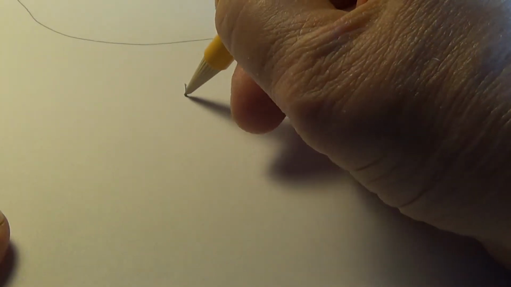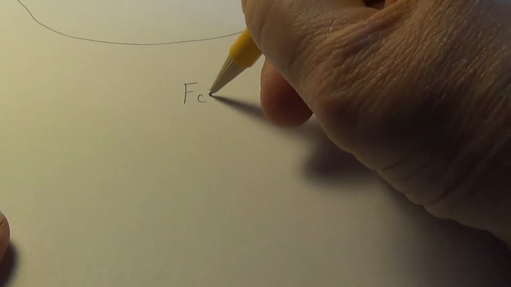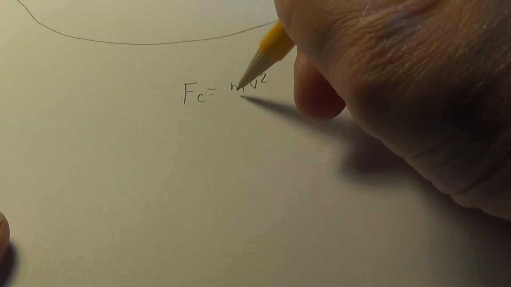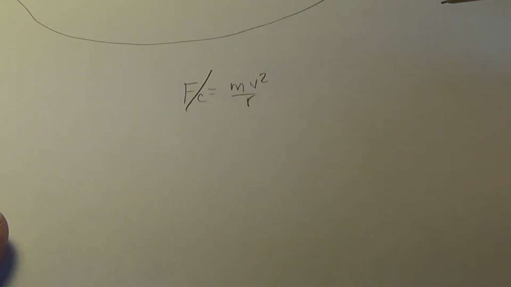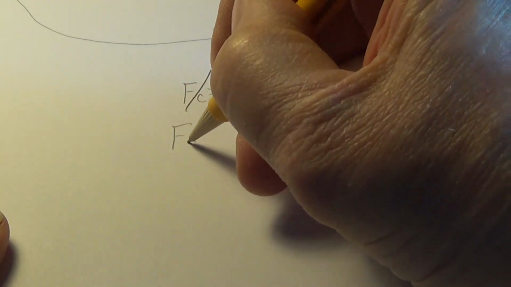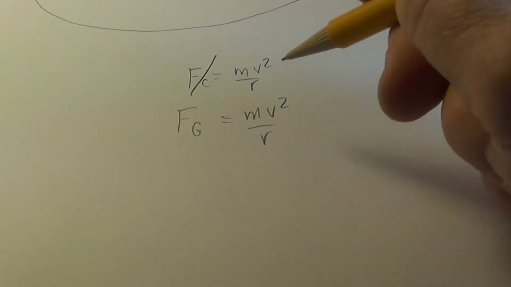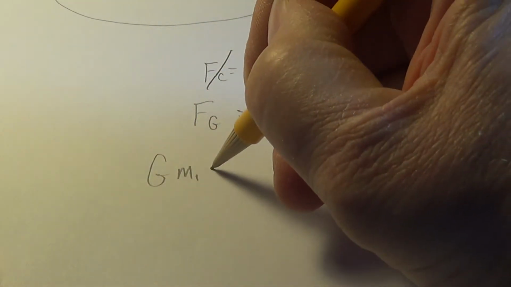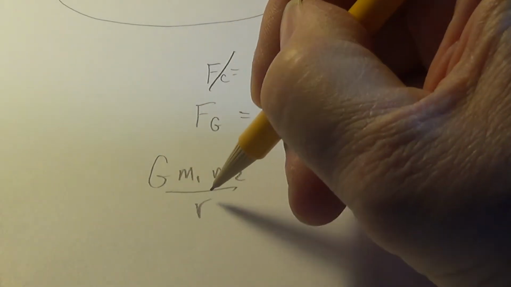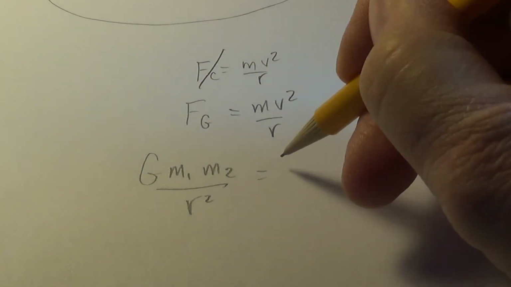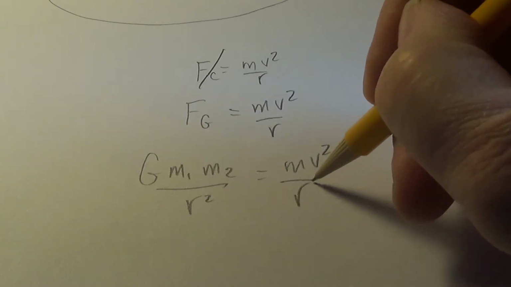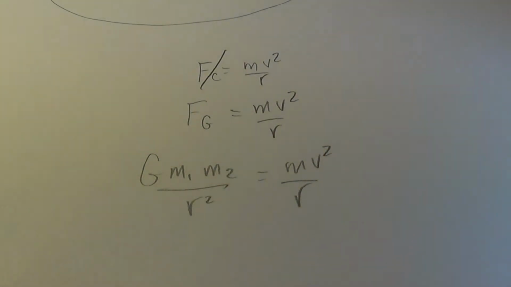When we have centripetal force equals mv squared over r, we can replace centripetal force with the force of gravity. We know the force of gravity is G m1 m2 over r squared, and that equals mv squared over r. Mathematically, we can simplify this.